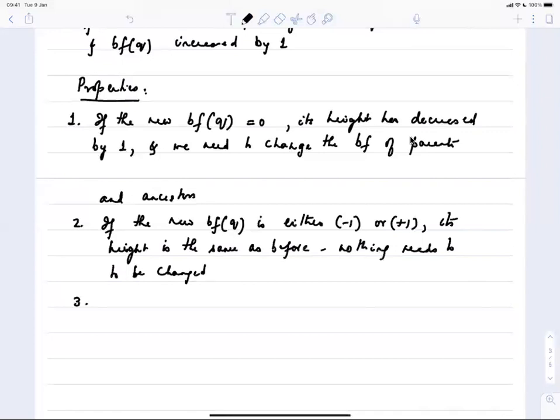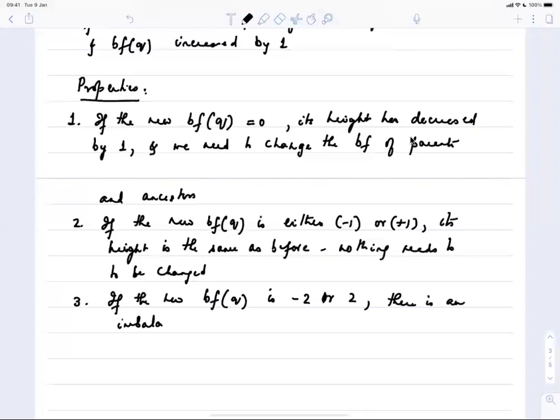If the new balance factor of Q is -2 or +2, there is an imbalance. Okay.